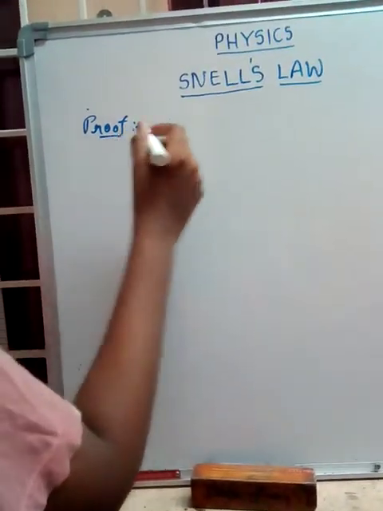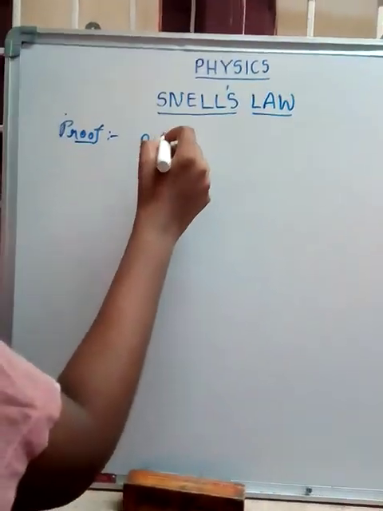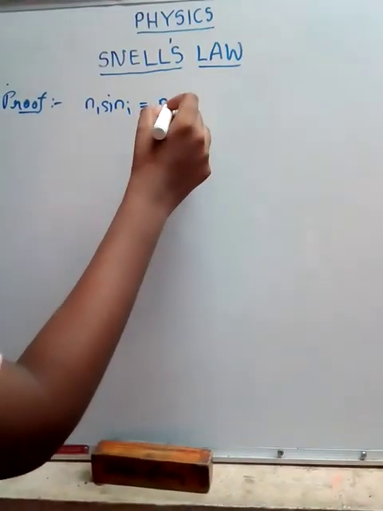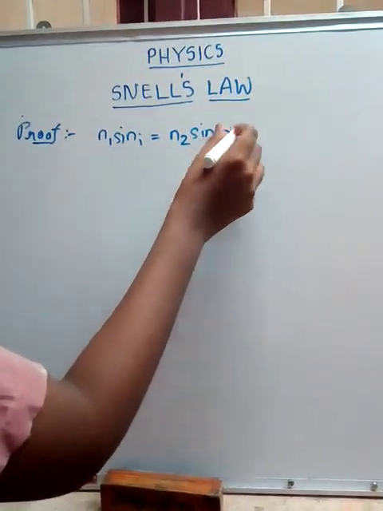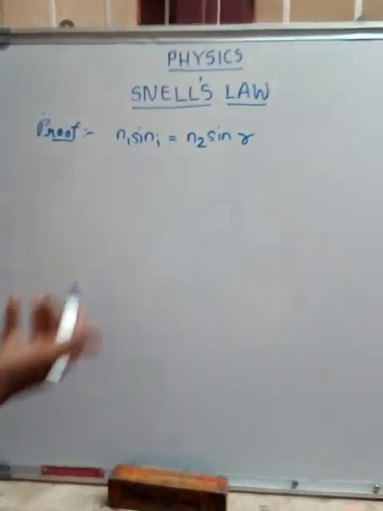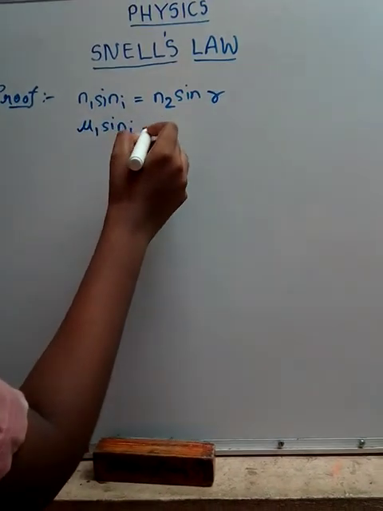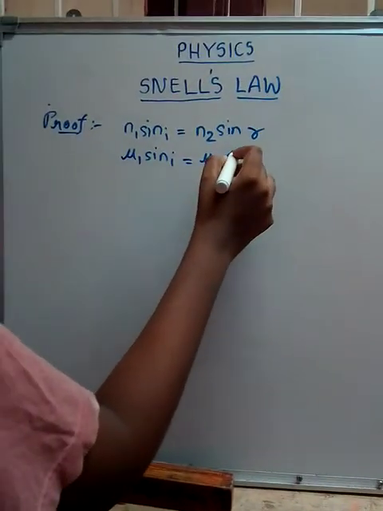Proof of Snell's law, that is N1 sine i is equal to N2 sine r. N1 and N2 are the mediums, and we can take mu1 also: mu1 sin i is equal to mu2 sin r.